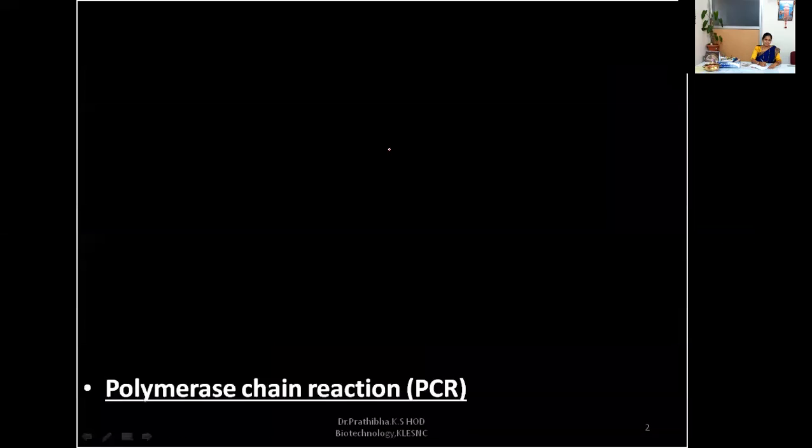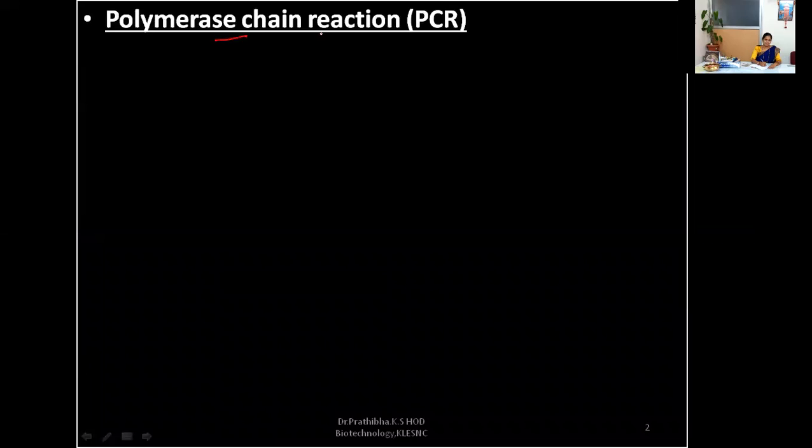Now, let's begin today's lecture talk on PCR. The full form of PCR is polymerase chain reaction. This polymerase we have taken from the DNA polymerase, which is responsible for the extension of DNA. What do you mean by the extension of DNA?